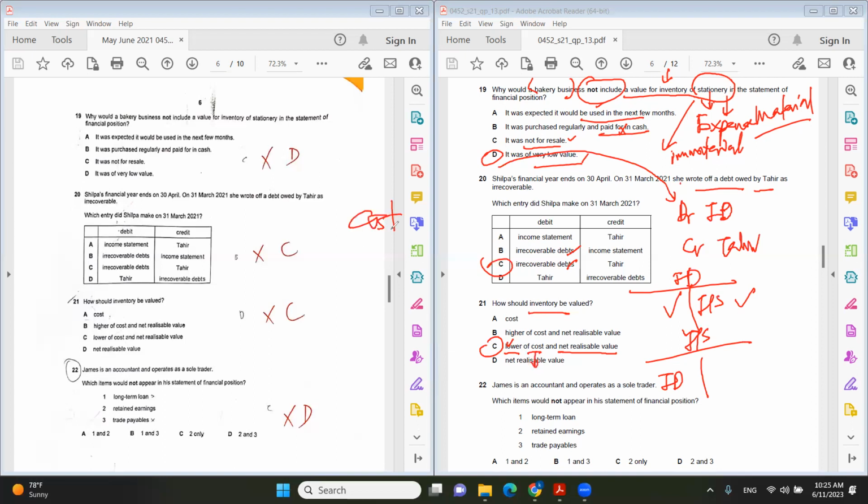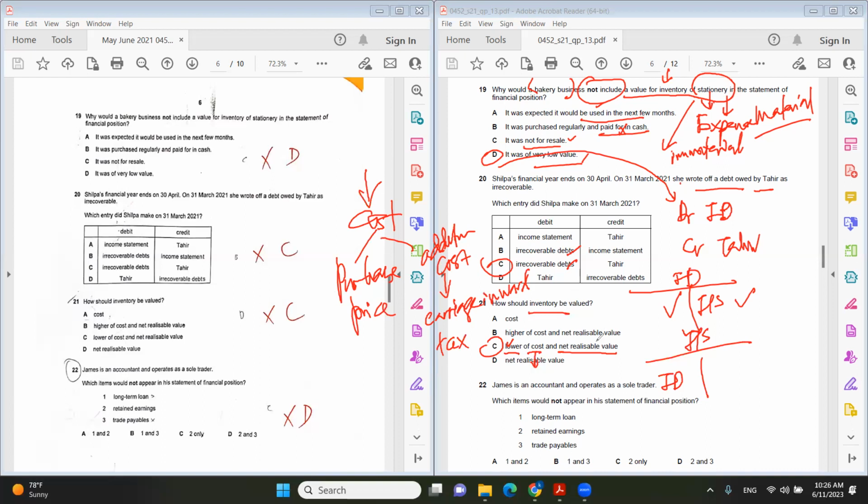Cost can be the purchase price or additional cost incurred. For example, you buy goods and the supplier delivers, so you incur carriage inward, which is a transport cost. Or maybe the supplier charges you tax. This is additional cost, which is part of the cost.